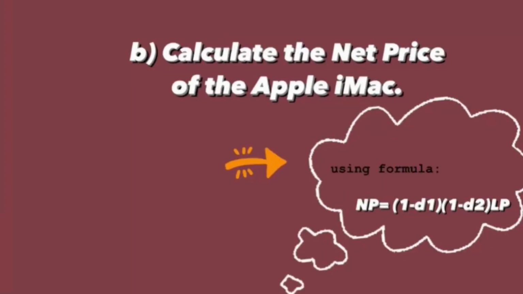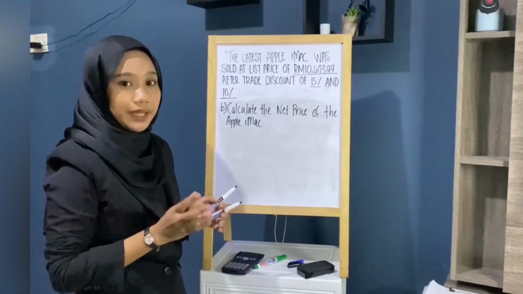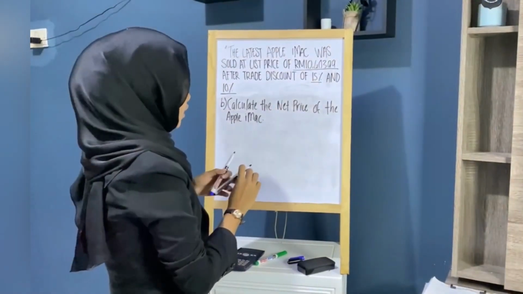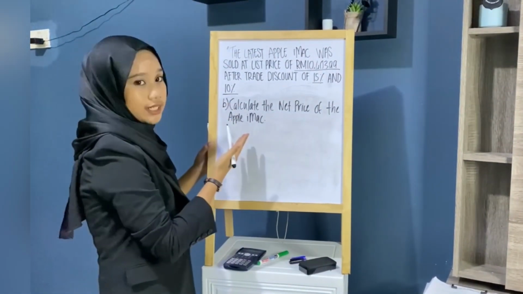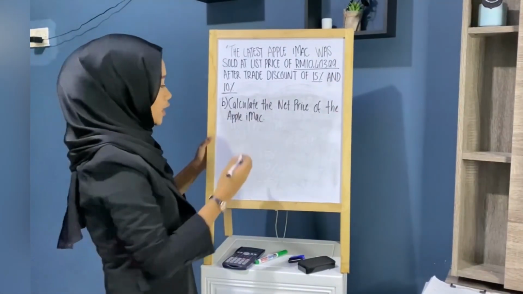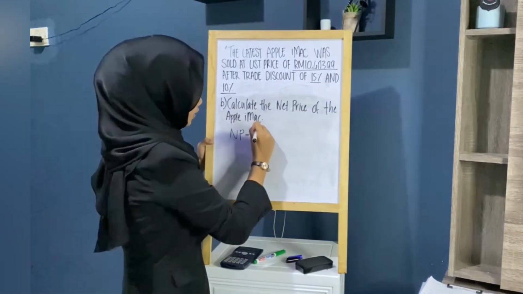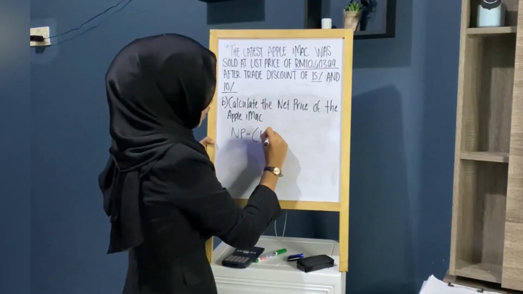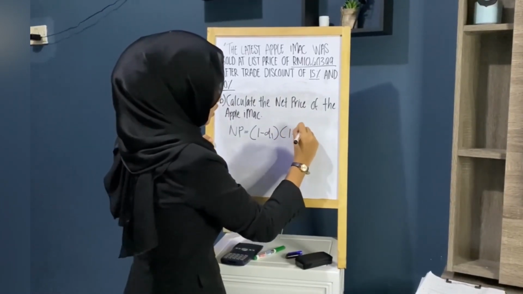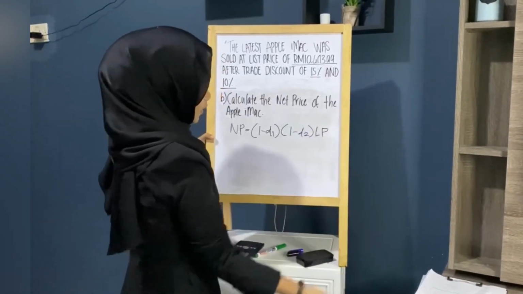B. Calculate the net price of the Apple iMac. Net price is the actual amount paid after the discount. When you get this question, you must use the formula. The formula is NP equal open bracket 1 minus B1 close bracket, open bracket 1 minus B2 close bracket, and LP.